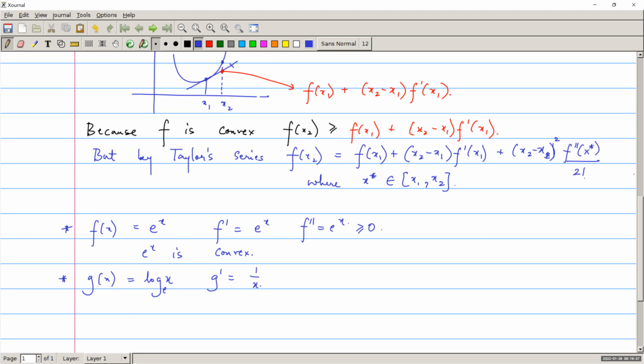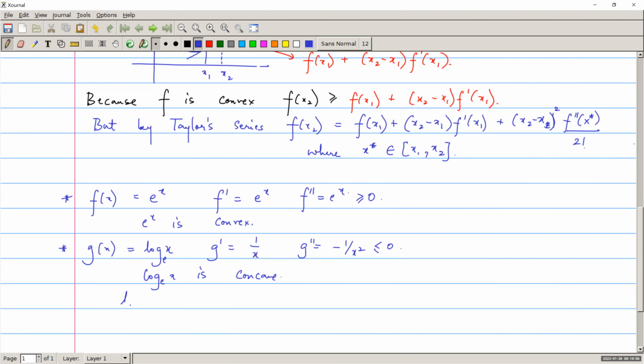Right, so 1 over x, and the second derivative is negative 1 over x squared, which is always non-positive. Therefore the natural log is concave.